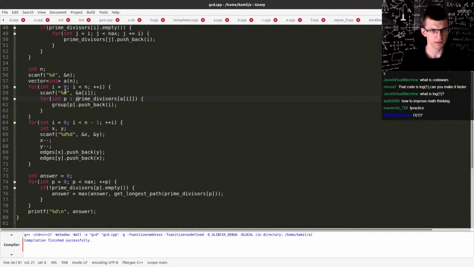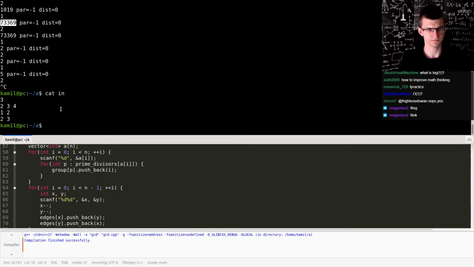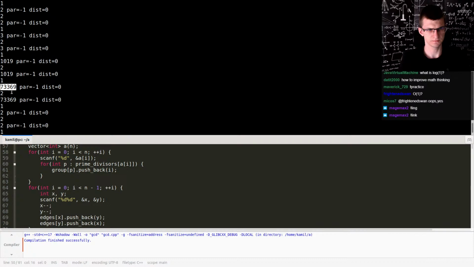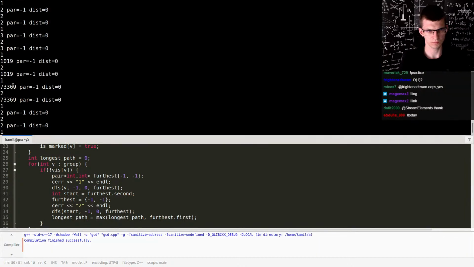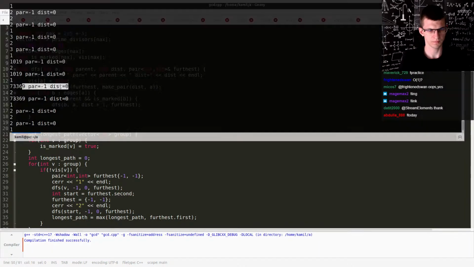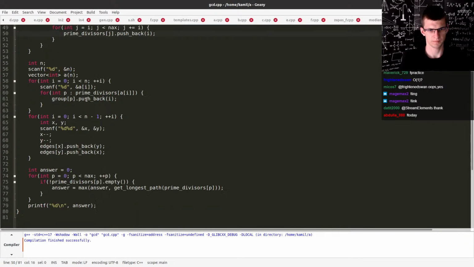Int is free and then array a_i. What's happening? Maybe I didn't put a new line somewhere? I don't understand what this is. Not prime divisors, group. And group.